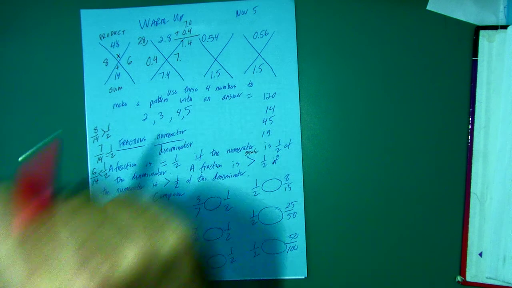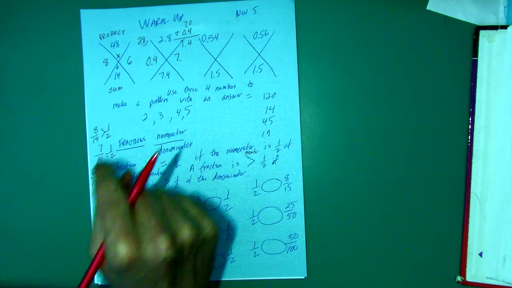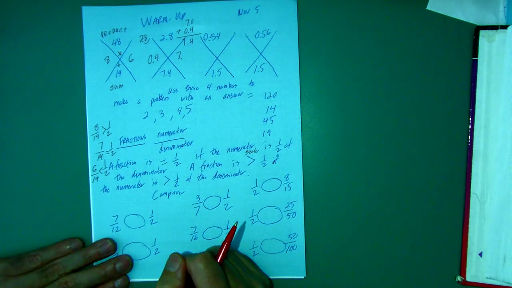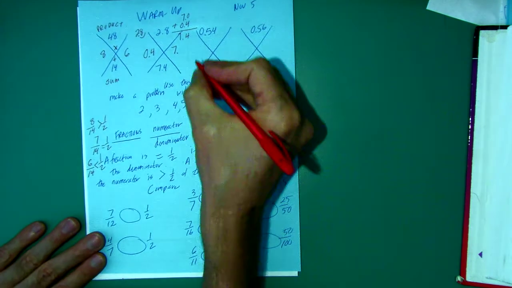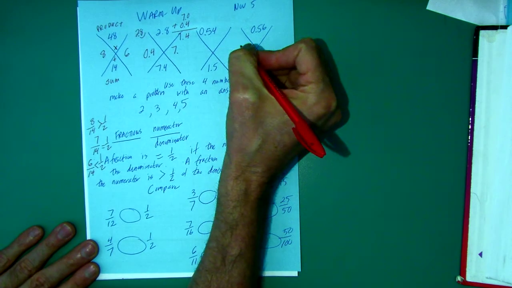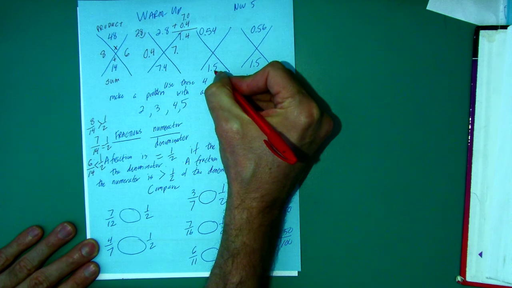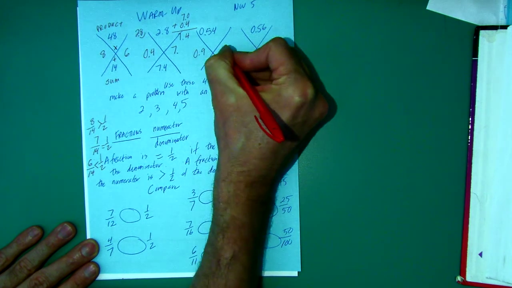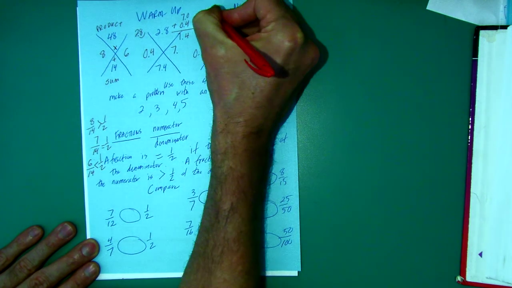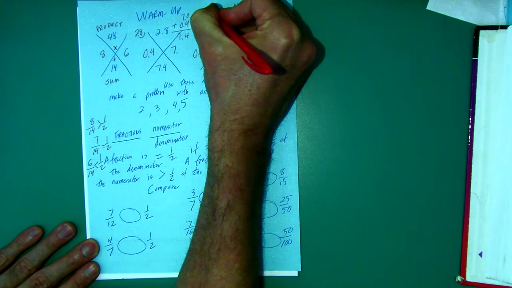How about 54 hundredths and 1 5/10? This is a tough one. But I do know that 9 times 6 equals 54. 9 plus 6 equals 15. So why don't we try this? 9/10 and 6/10. Again, line up those decimals when you're adding.